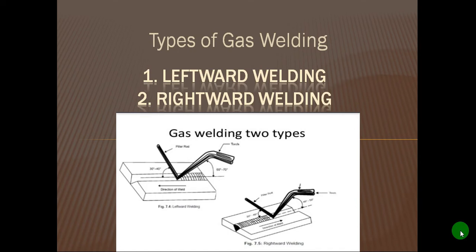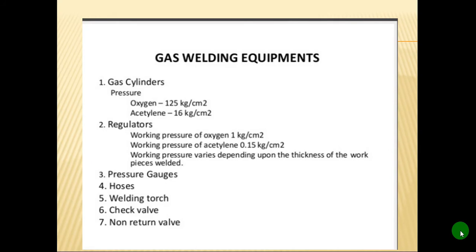Types of gas welding. First type is leftward welding, and second is rightward welding. Gas welding equipment. 1. Gas cylinders, pressure: oxygen 125 kilogram per centimeter square, acetylene 16 kilogram per centimeter square.